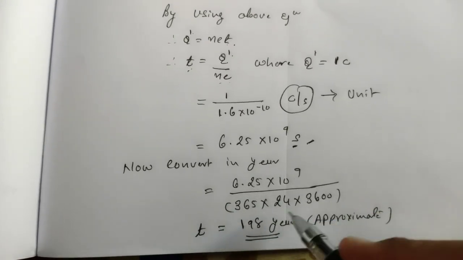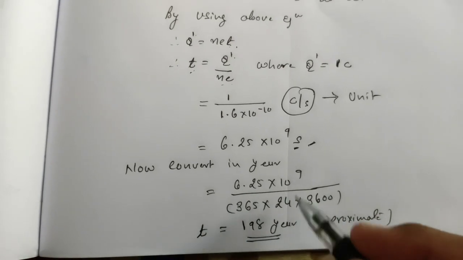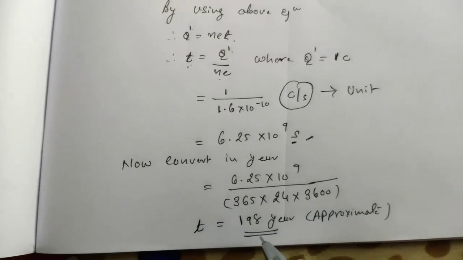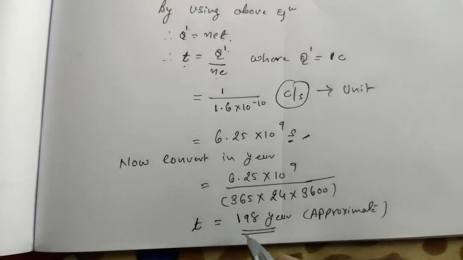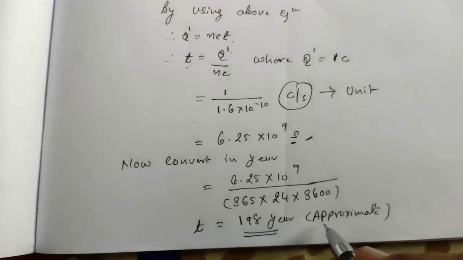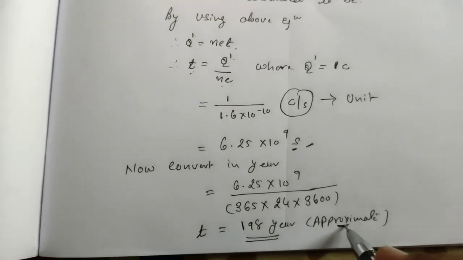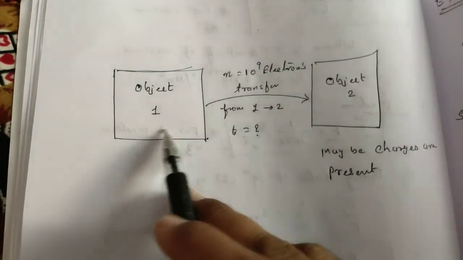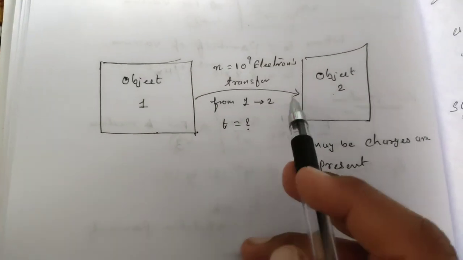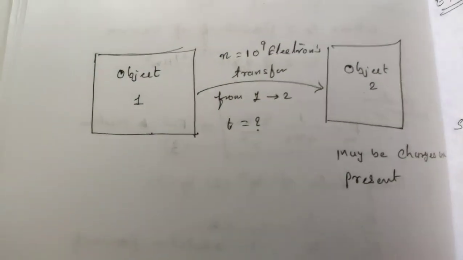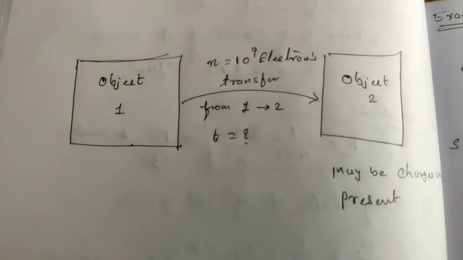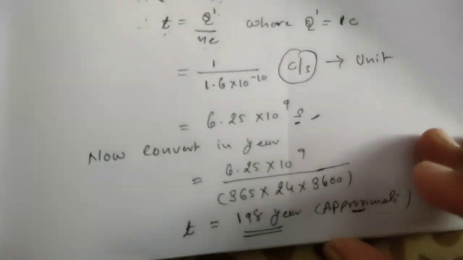By just calculating this value, approximate, this is not the exact answer but approximate, you will get approximately 198 years. So it means that from one object to the other, if we need to deposit 1 coulomb charge, then approximately 198 years we need.